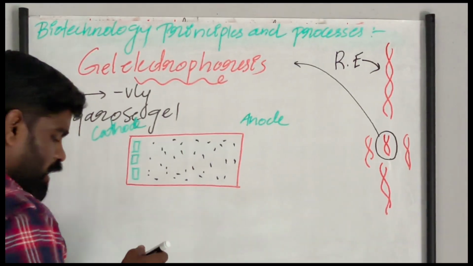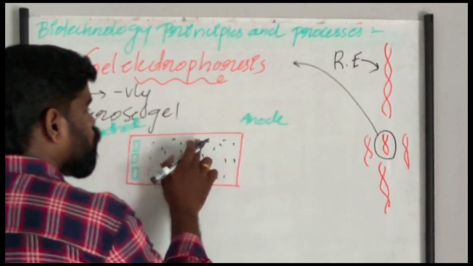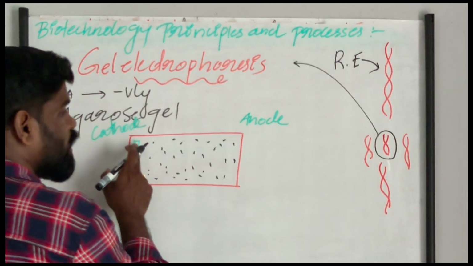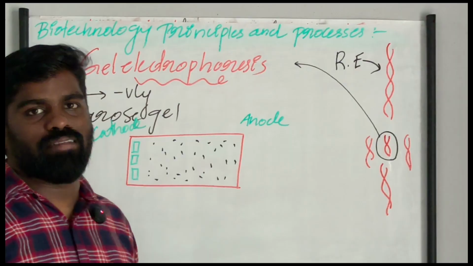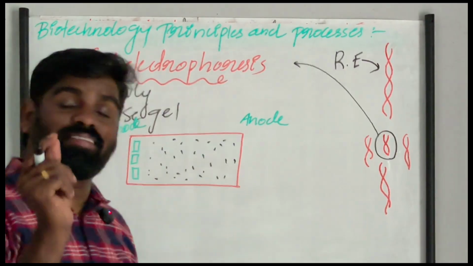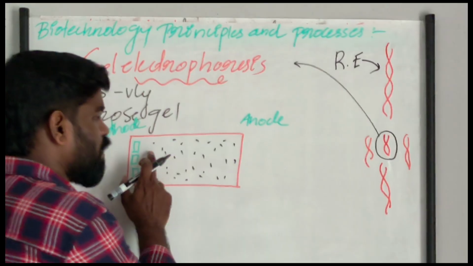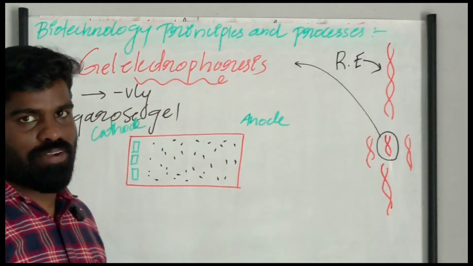The negatively charged DNA will move towards the anode. Now the very important point is that the smallest DNA fragment will move further than the largest fragment.